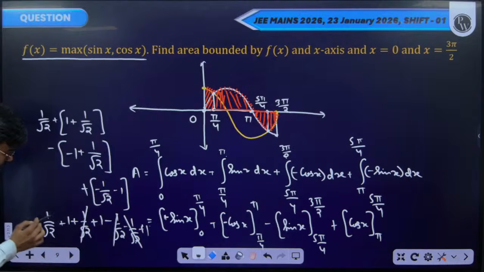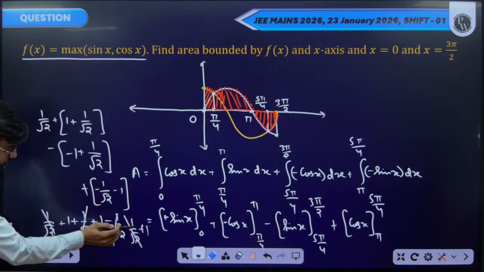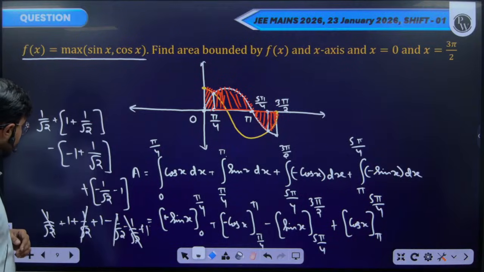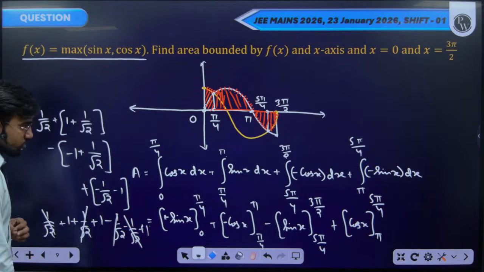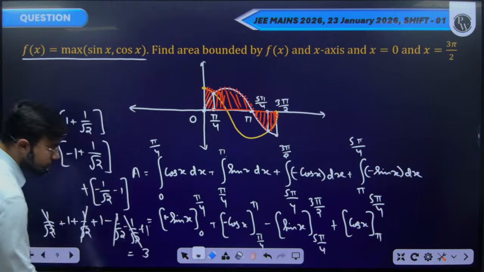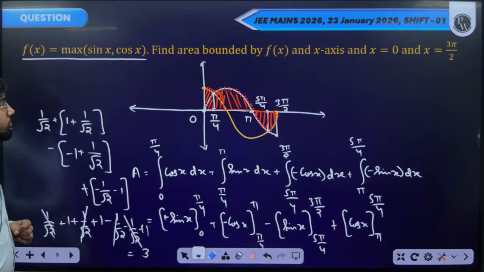So we can cancel this with this. So 1 plus 1 is 2, 2 plus 1 is 3. So the answer will be 3. Okay, so this is again a calculative question.